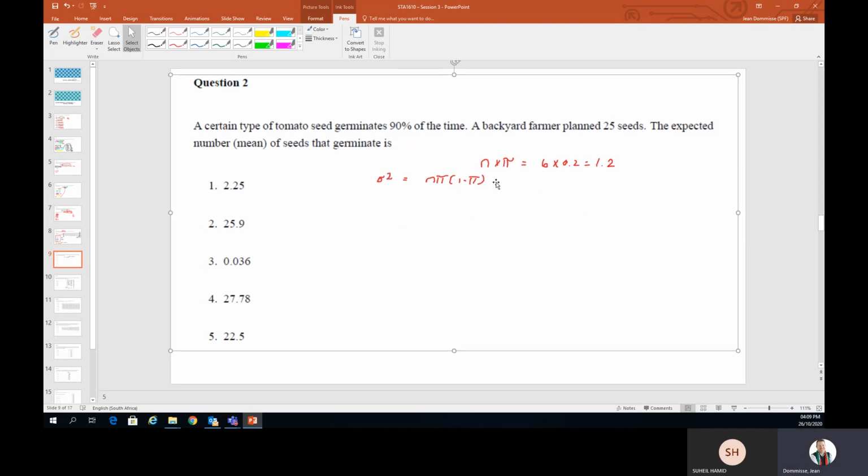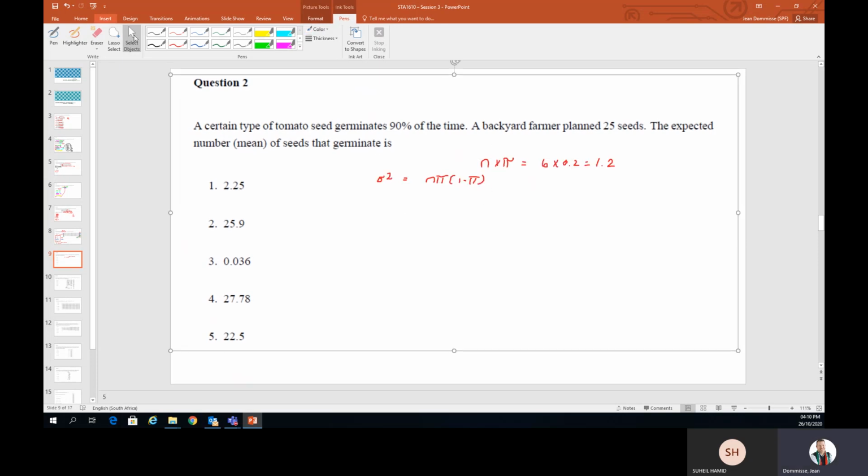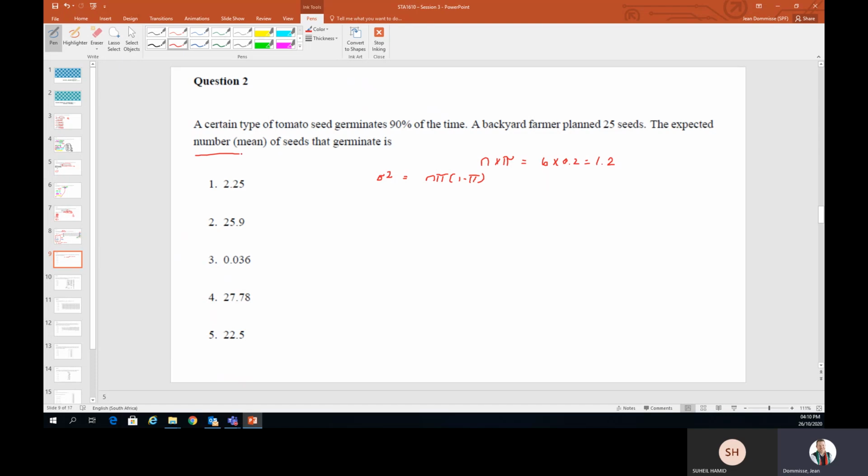Okay, so when we look at this, here they ask us to work out the expected mean. So we know from the expected mean, it is basically n times pi. Don't need that now.